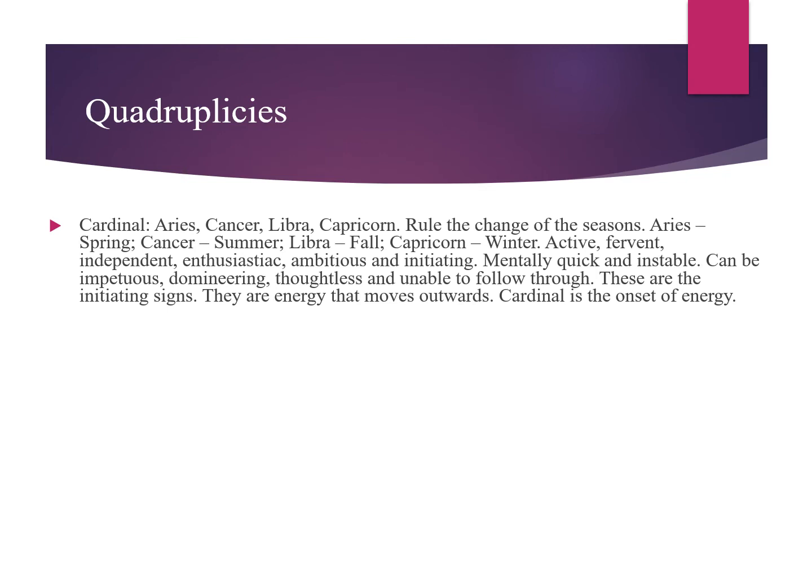Like I said, these are the initiating signs. These are the signs that start action, start things. They're energy that moves outwards from a person or from an activity. So the cardinal signs are really, like I said, the onset of energy, the beginning of the functioning of the elemental energies.